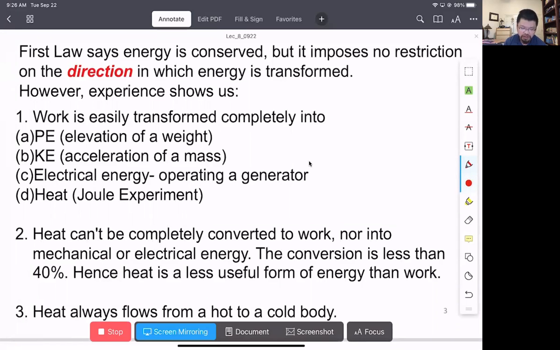One is we could easily transform, as I have over here, work into the change of the system. So those would be the change of the systems. So the feeling is work is really nice. Once we have the work amount, we can completely change and utilize work for system change.